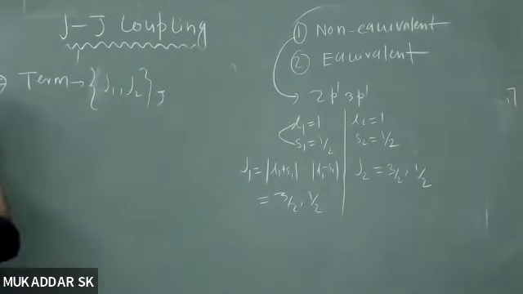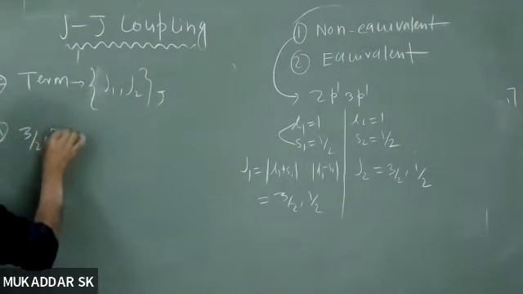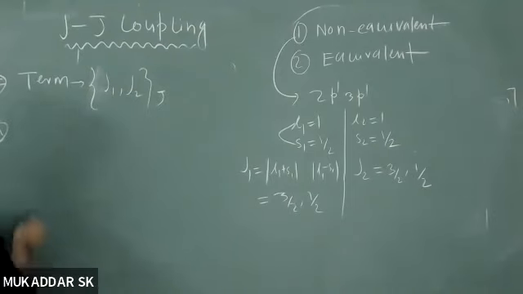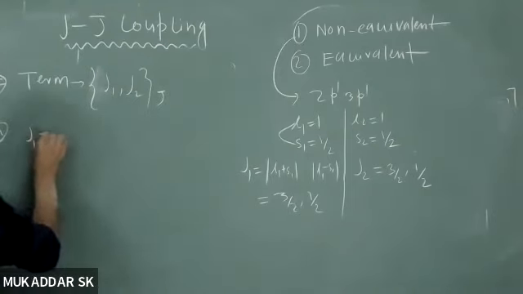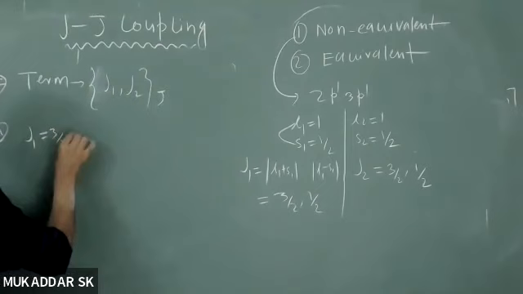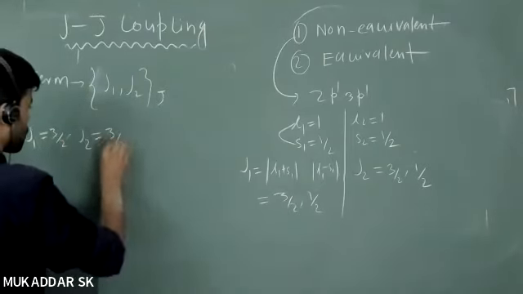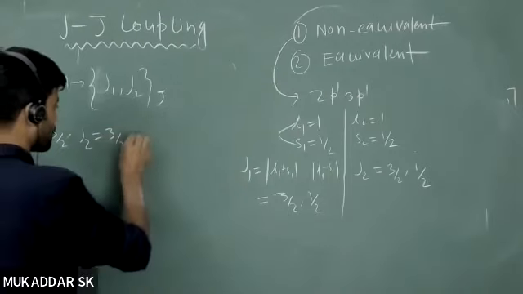Now we'll take different combinations. The first combination I'll take is J1 equals 3/2 and J2 equals 3/2. Okay. So how much J will we get?